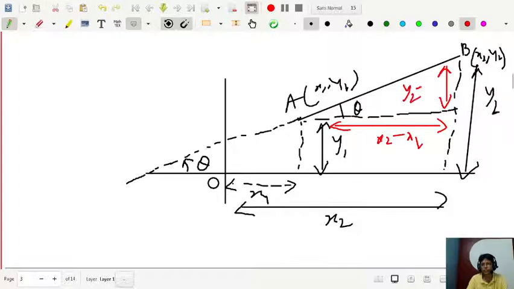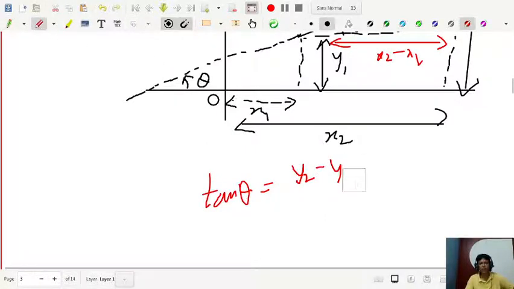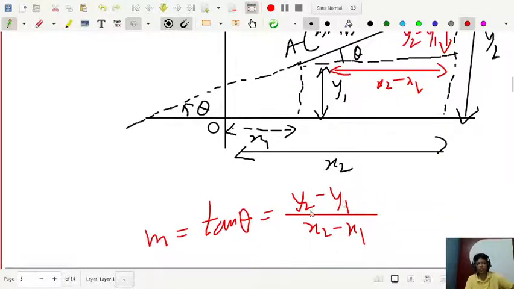So your tan theta is perpendicular by base, that is, tan theta is (y2 minus y1) by (x2 minus x1). So m = tan theta.